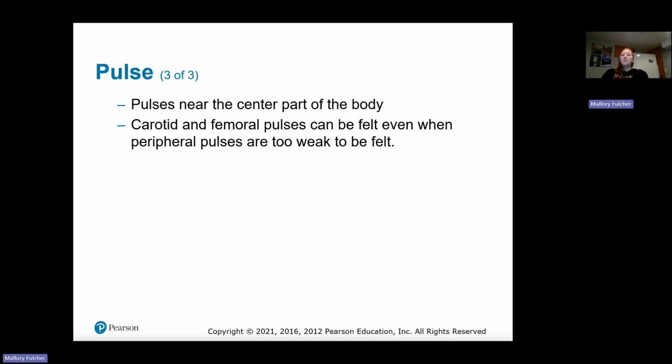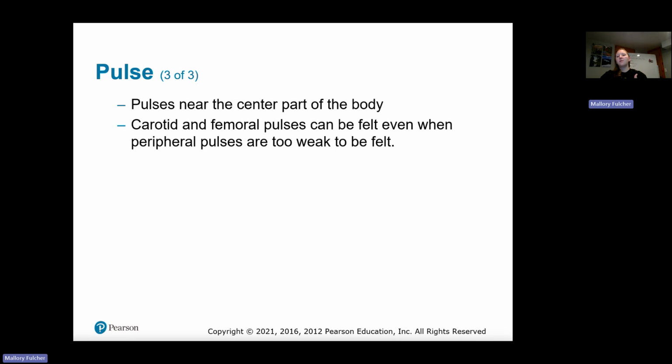So as our blood pressure gets lower and lower, the less likely we are to feel a pulse, the farther away from the heart. So if we've got, say, a really weak heart and our blood pressure is just really low, our heart is not pumping too hard, we probably won't have a pulse at the hands and feet because our blood just can't get there.